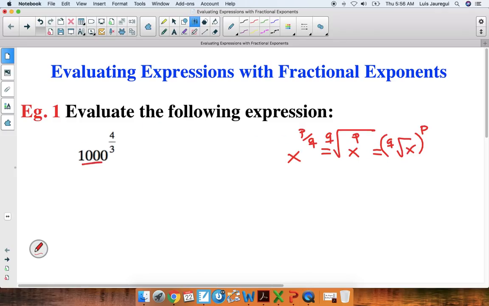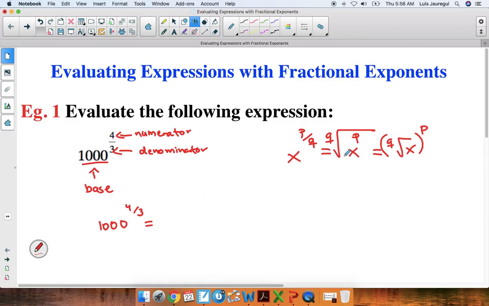So notice here that 1000 happens to be our base. The 4 happens to be your p, which is your numerator. And the 3 happens to be your q, which is your denominator. What we're going to do with 1000 raised to the 4/3 power is very simple.